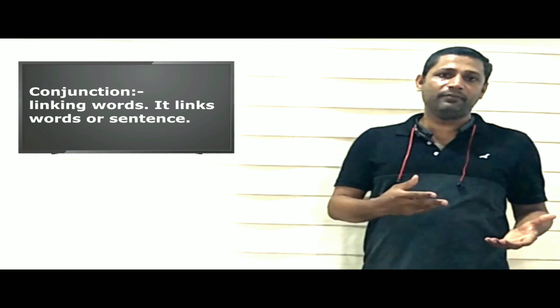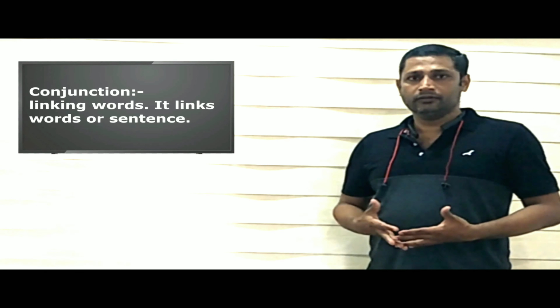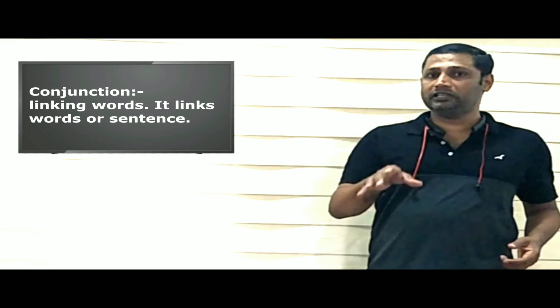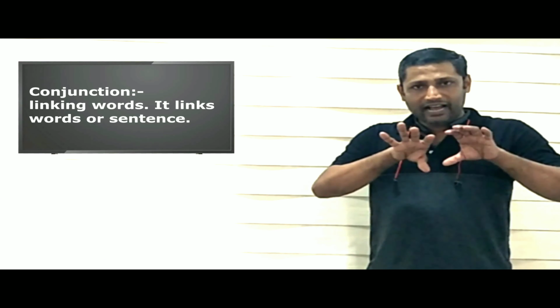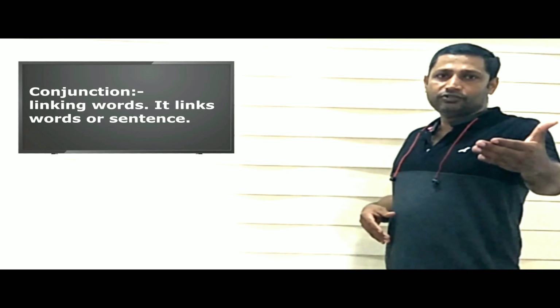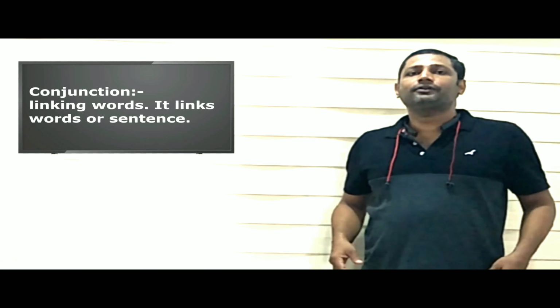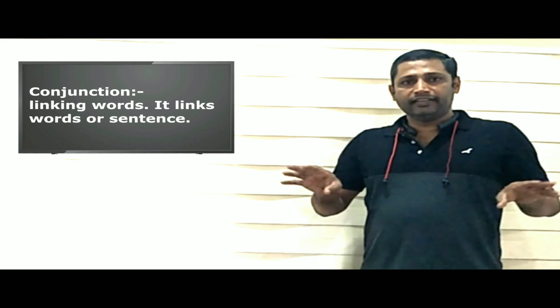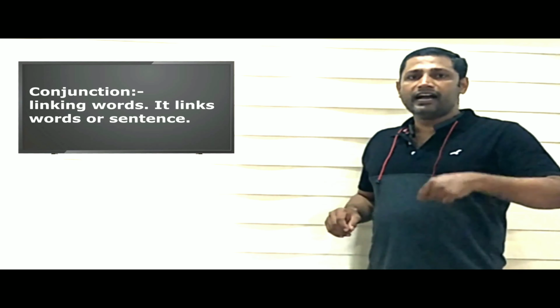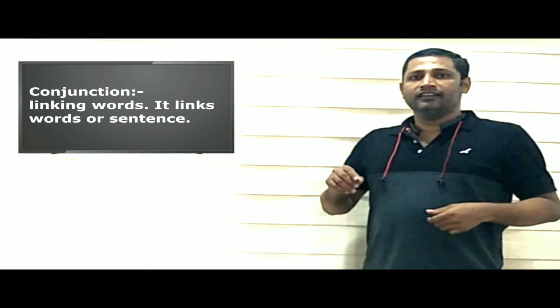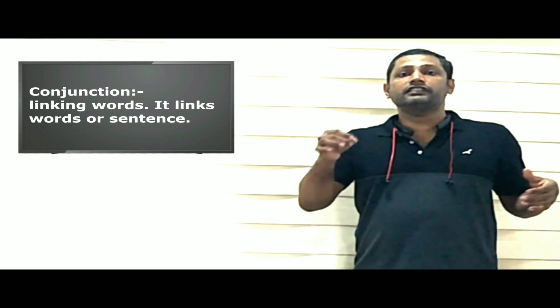Let's see another example for linking sentences. Yesterday I came to your house, but I couldn't see you. Here there are two sentences. Yesterday I came to your house. Another sentence is I couldn't see you.